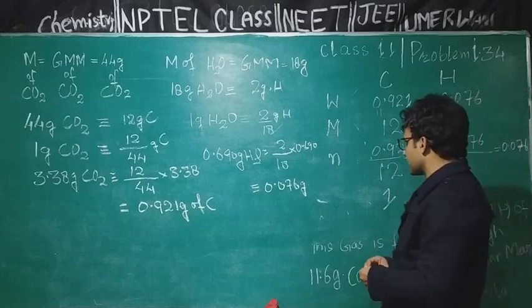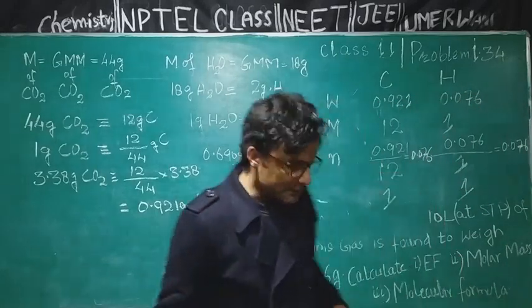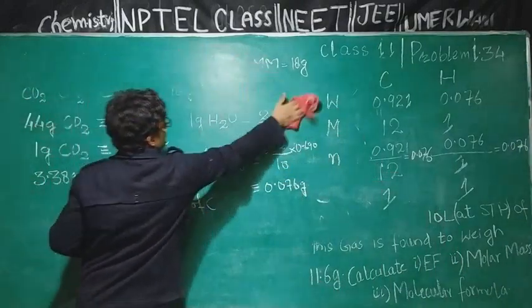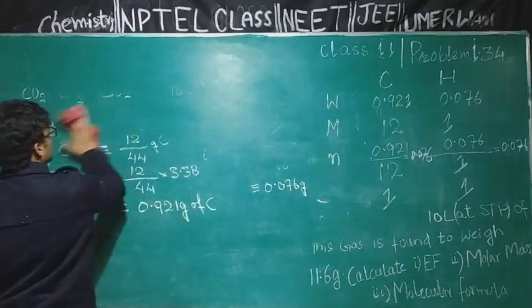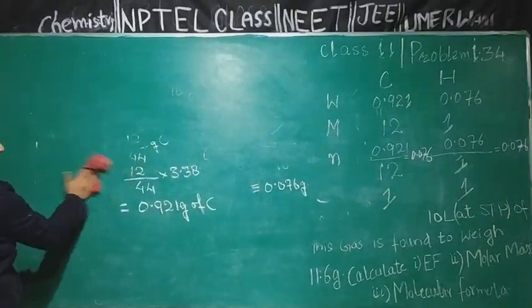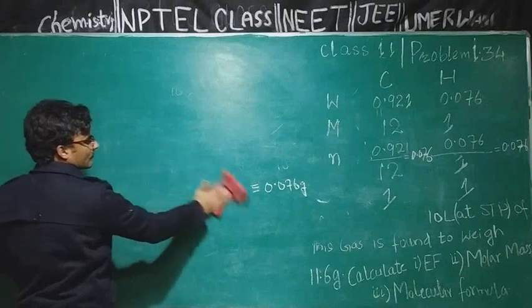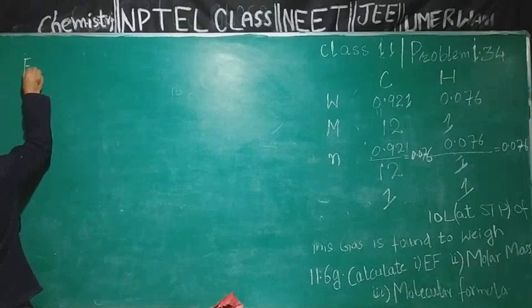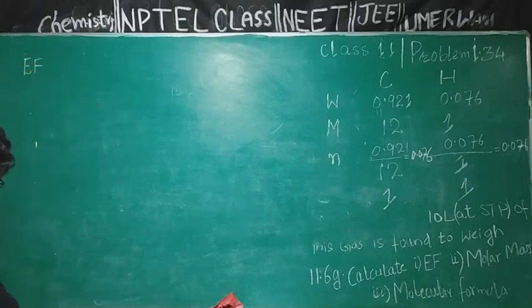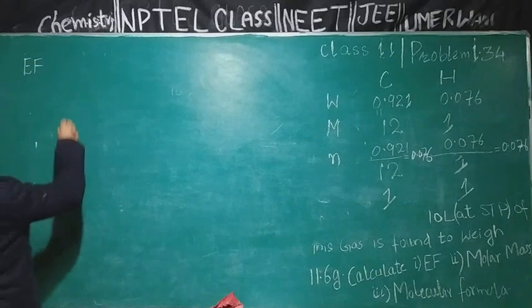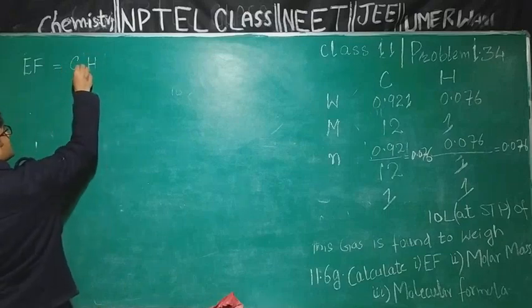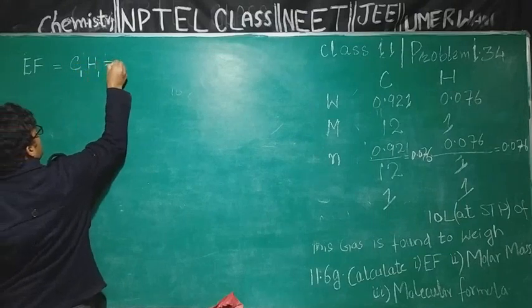Therefore its empirical formula is, I will write its empirical formula, carbon hydrogen in the same sequence as in the question, C1H1, which is equal to CH.